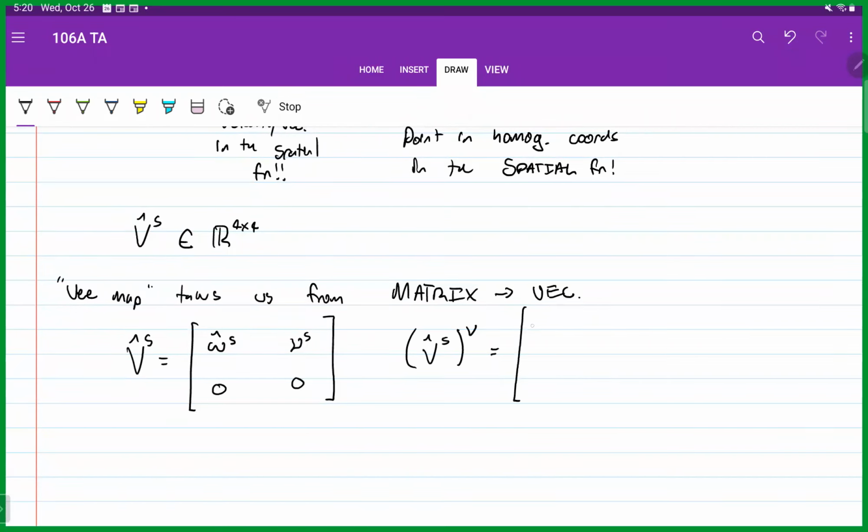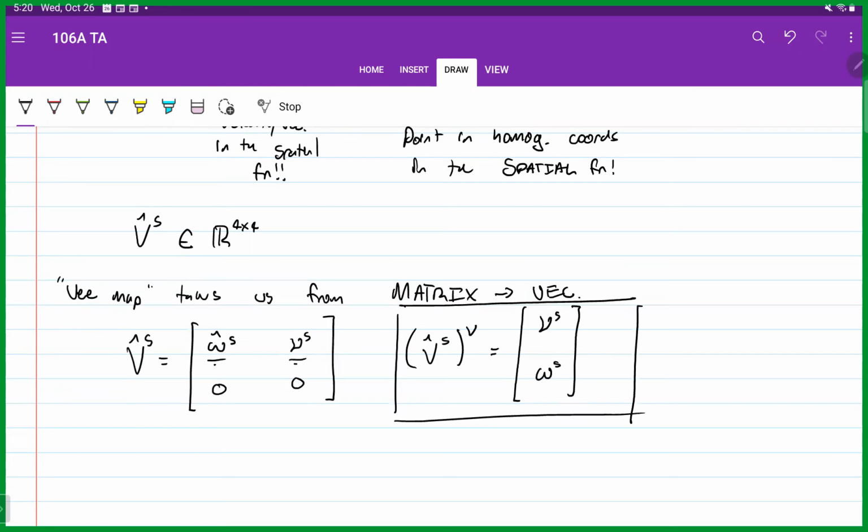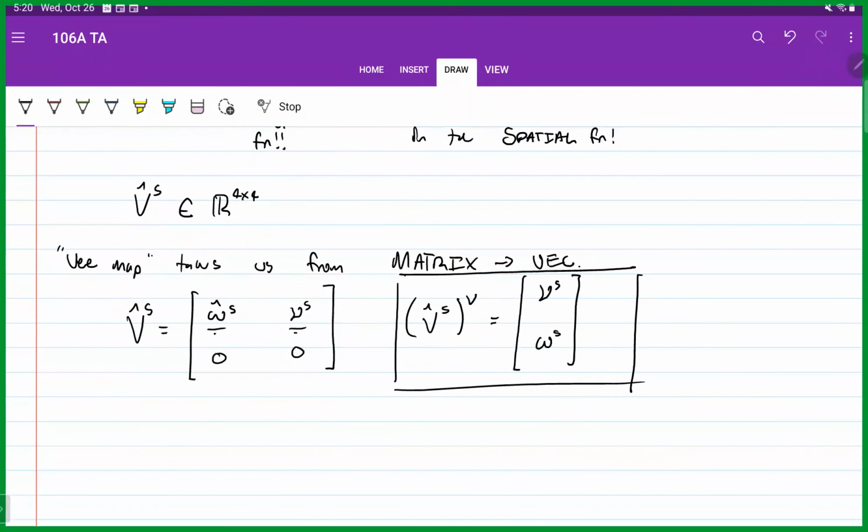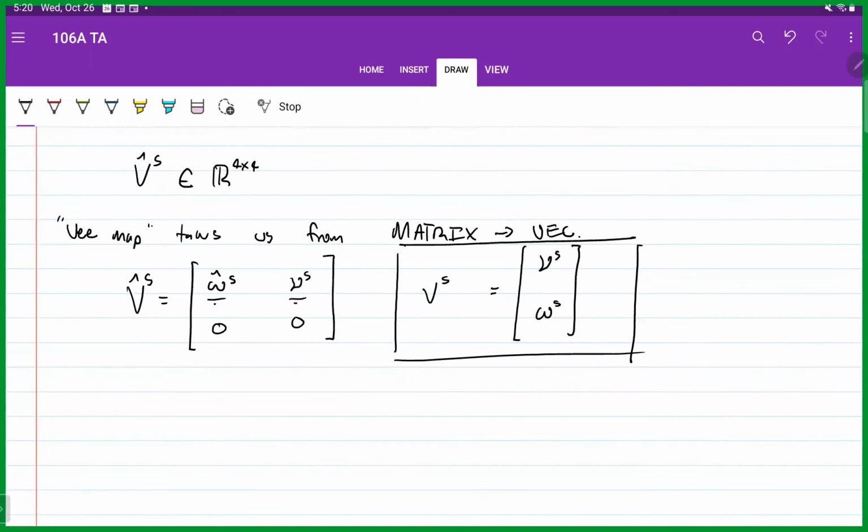So up top, we're going to write v_S, we're just going to take that out, and then we take this one, omega_S. When we take the V map of something, another way of writing this is just by dropping that notation. So whenever you see one of these V's without the little hat above, this is instead going to be a 6x1 vector, so it's going to be in R6.